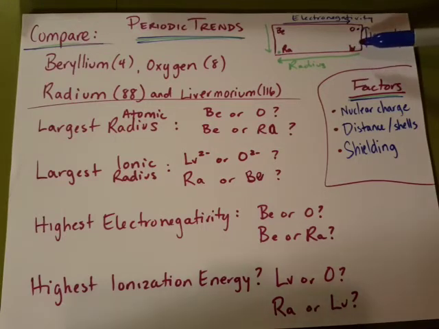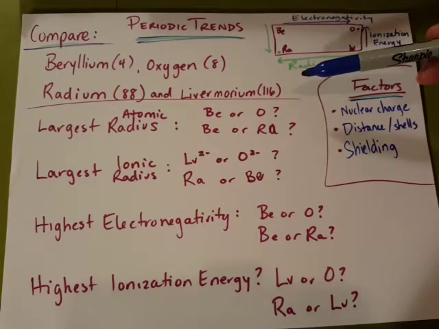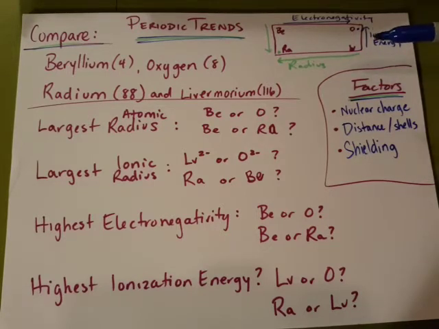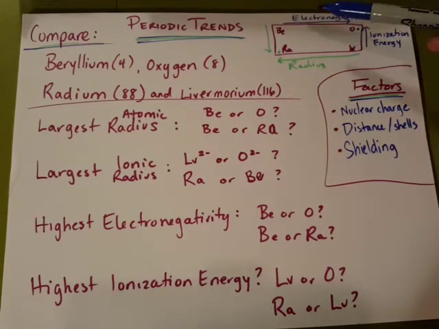But this is one of the newer elements that have been named, and I wish there was a really good story, but it's just the name of a town where a lot of folks that work on heavy elements work. But it's a cool name, livermorium. So we'll use that to compare.